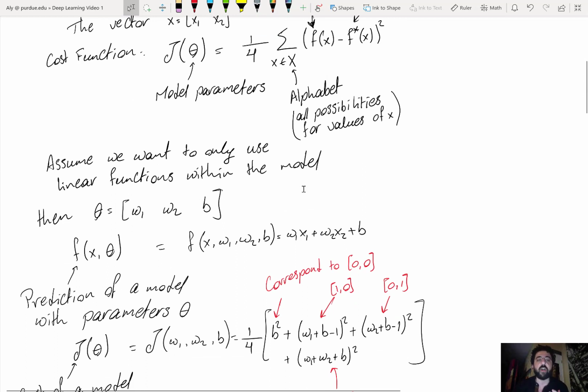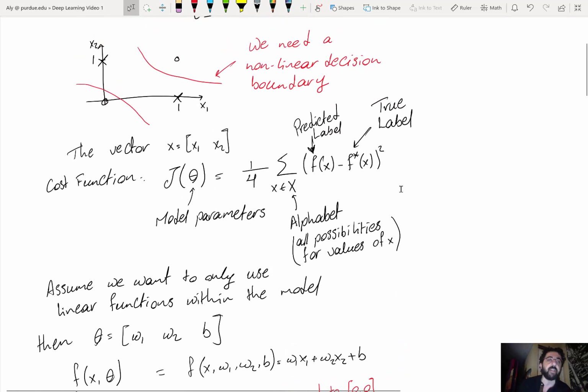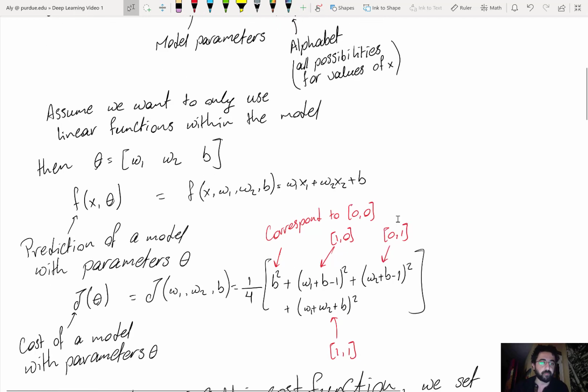Now assume we want to only use linear functions within the model. So here we are trying to make the fact that there is no line that can distinguish between the x's and the o's more concrete, more rigorous. So let's say I want to distinguish between the two classes through a linear decision boundary. So the parameters of the model will consist of a weight parameter w1 that gets multiplied by x1, a weight parameter w2 that gets multiplied by x2, and the bias parameter b.